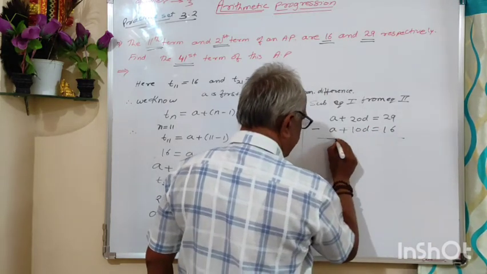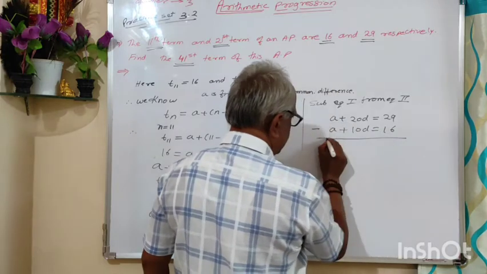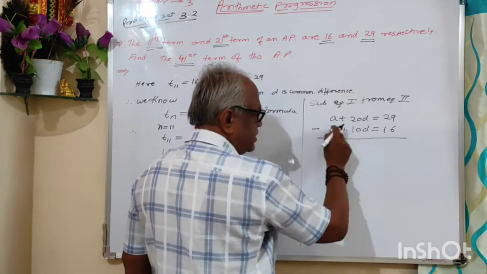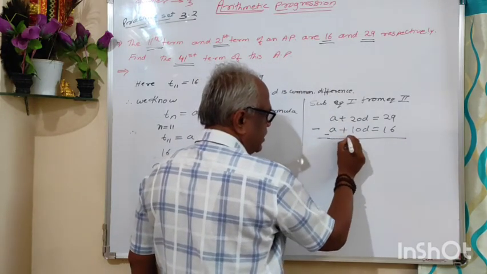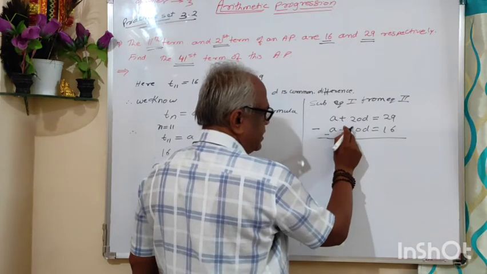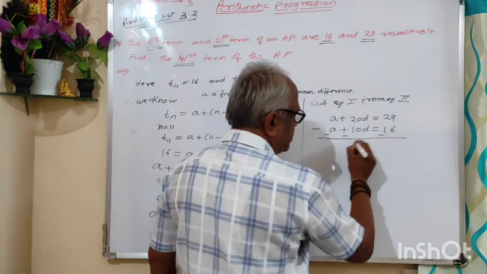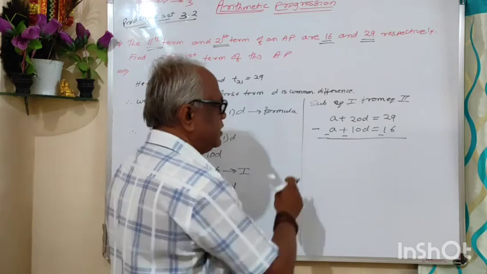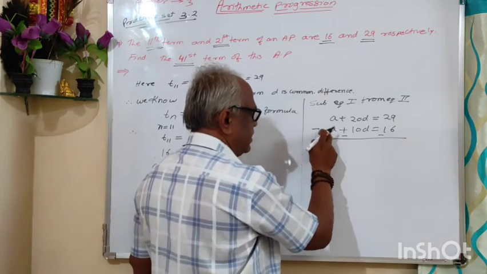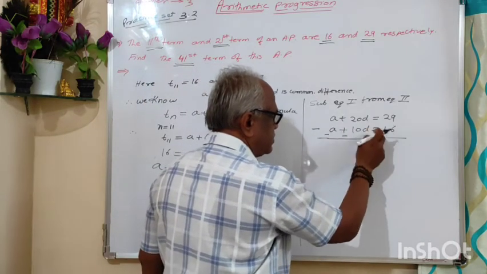Now when you subtract the second equation, which is here, the signs change. Plus becomes minus, plus becomes minus, plus becomes minus. That is, minus into plus is minus, minus into plus is minus, minus into plus is minus.